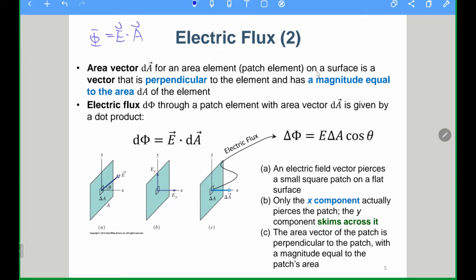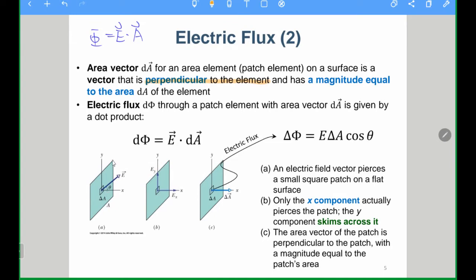On the surface, it is a vector that is perpendicular to the element. The magnitude is easier to understand. The magnitude of the area vector will be the area itself, so the magnitude equals the area dA.